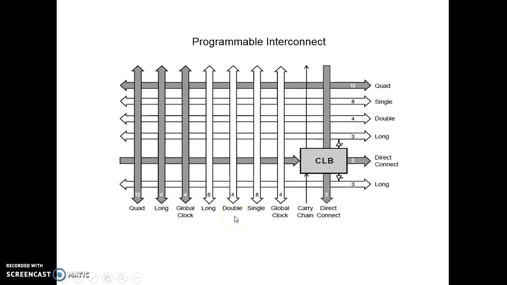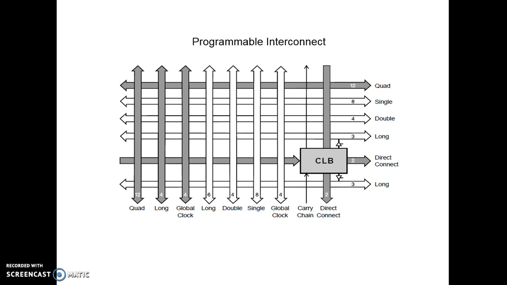For really long connections, the long groups don't go through any programmable switches at all. They travel all the way across or down a row or column and are driven by 3-state drivers near the CLB.